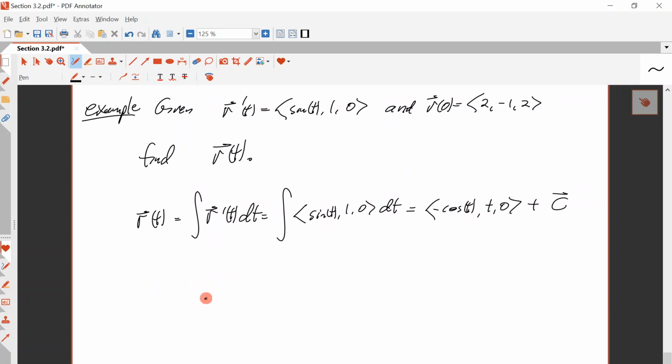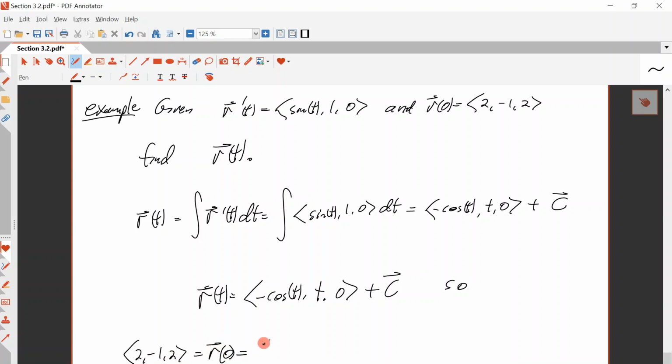Okay, so r of t is equal to minus cosine t, t, 0 plus c. So 2, negative 1, 2 is equal to r of 0, which is equal to minus 1, 0, 0 plus c.